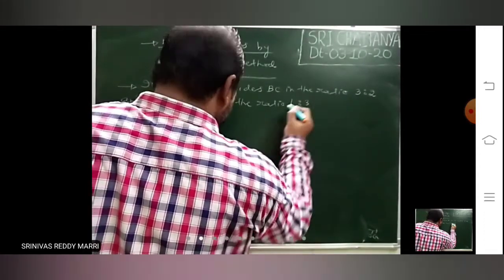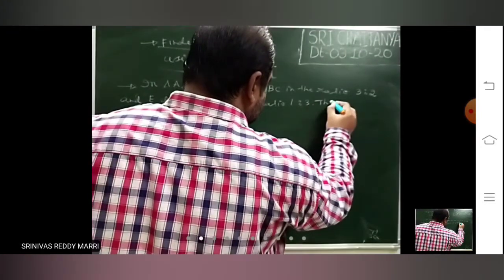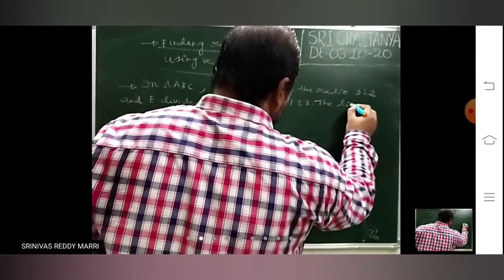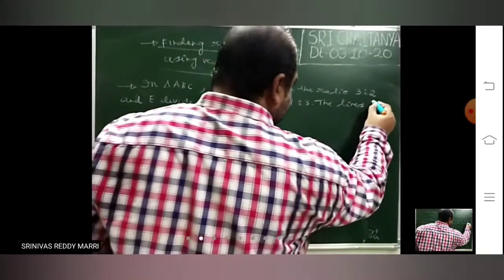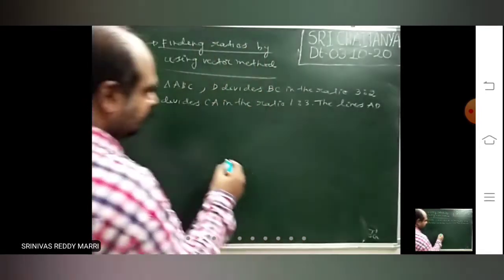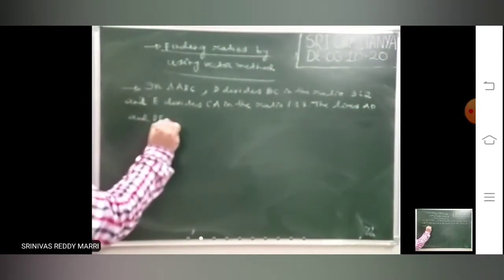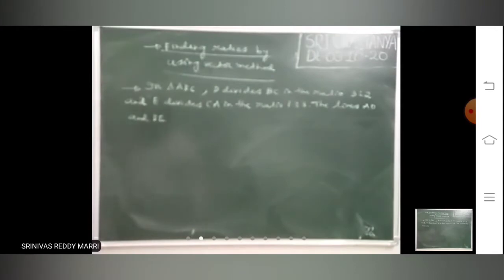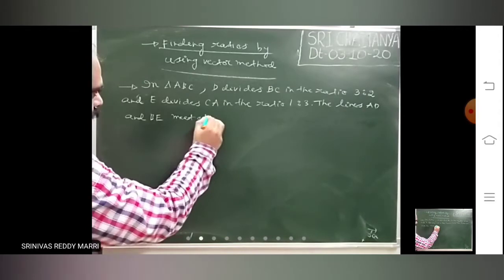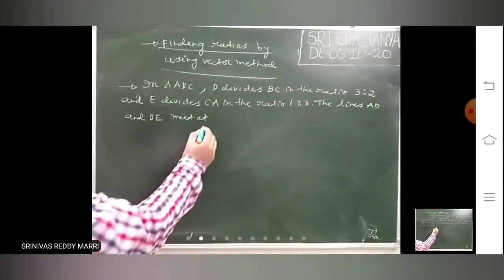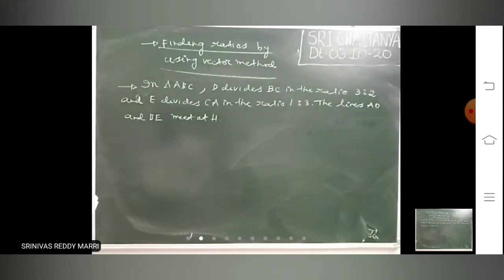Like this information is given, right? The lines AD and BE meet at H.